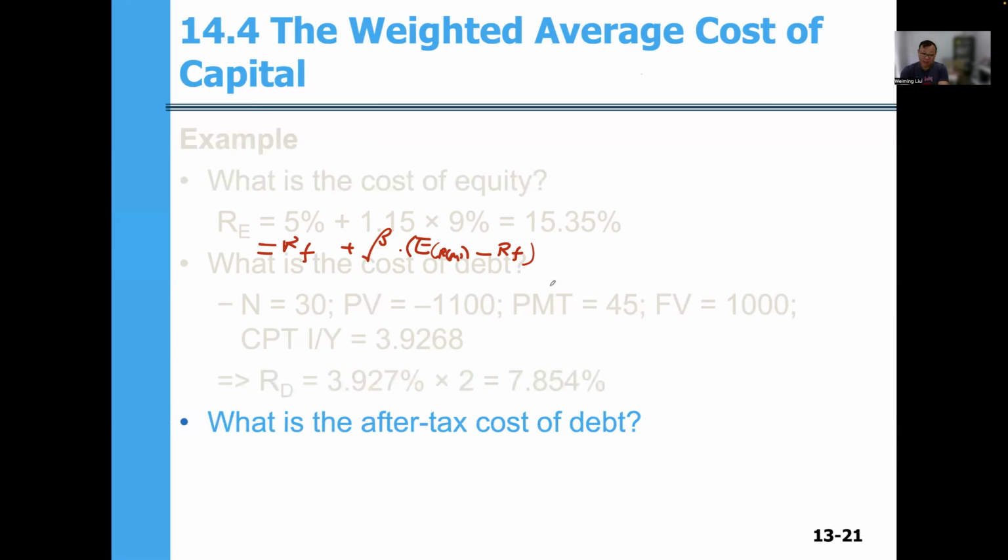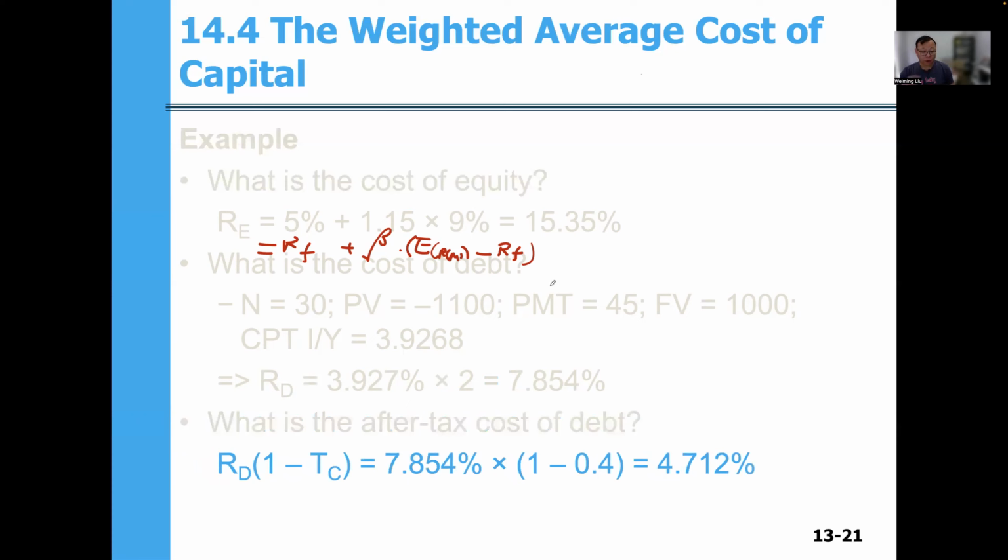And don't forget, the interest expense can help you deduct taxes. So therefore, the after-tax cost of debt is the cost of debt times 1 minus the tax rate. So now it is 4.712%.